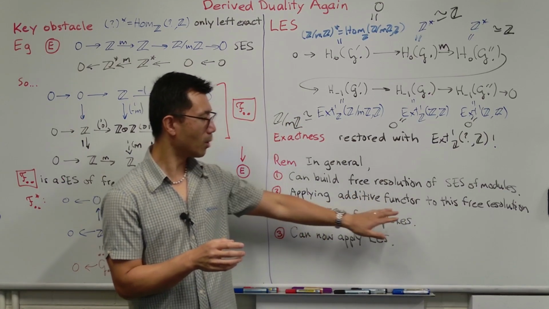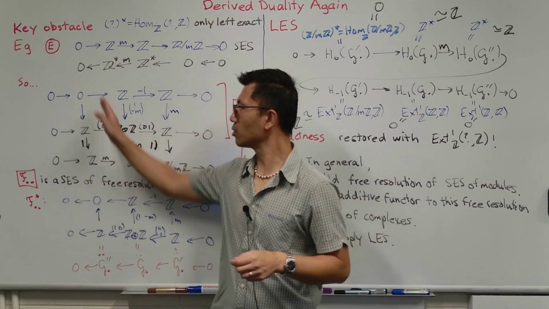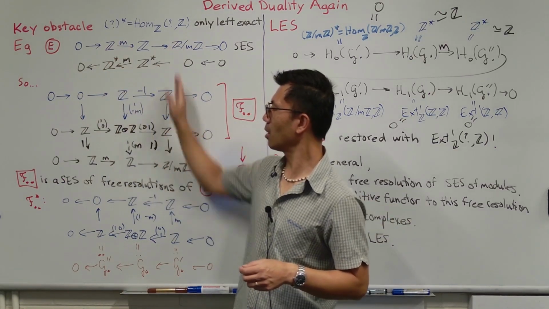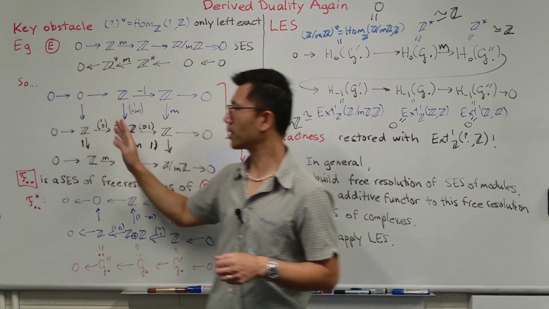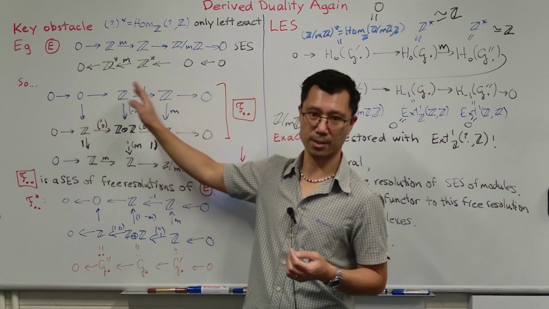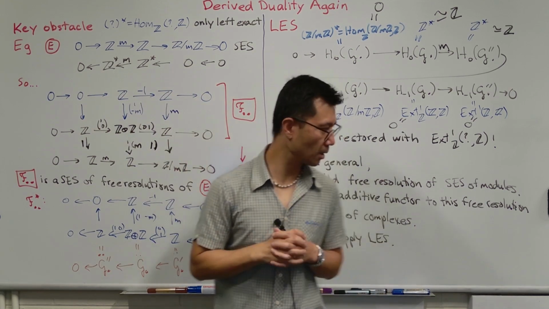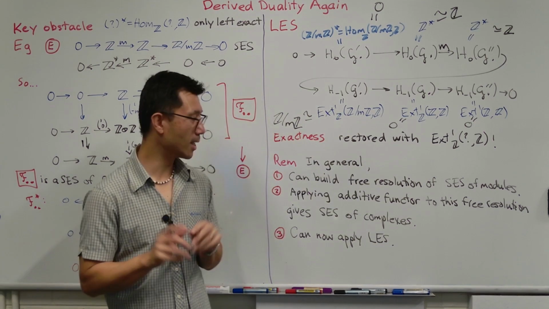But what's rather nice is that even though the exactness of the resolutions doesn't remain, exactness of the rows remains, and that uses the fact that we're playing around with free objects here. I might tell you a little bit more about that in a later video.